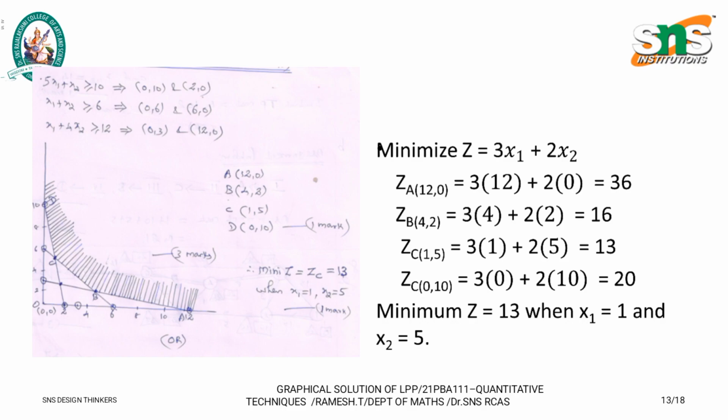The coordinate point of B is (4, 2) and the value is 16. The coordinate point of C is (1, 5) and the value is 13. The coordinate point of D is (0, 10) and the value is 20. Therefore, the maximum z is 13. Sorry, it is not maximum, it is a minimum. So the minimum is 13 when x1 is 1 and x2 is 5.